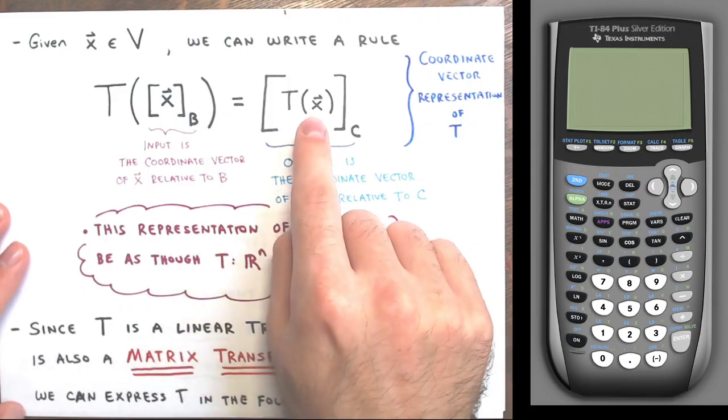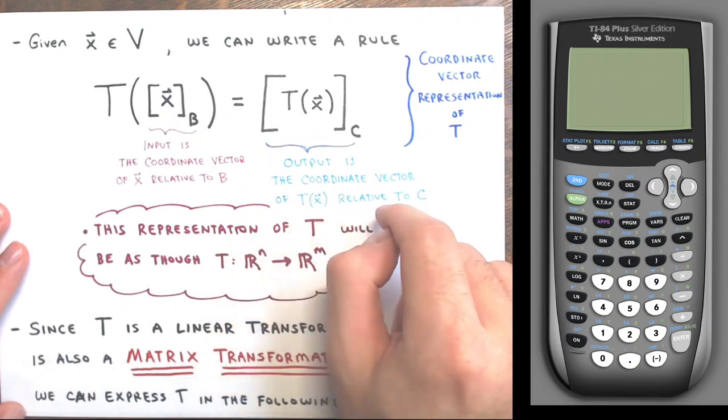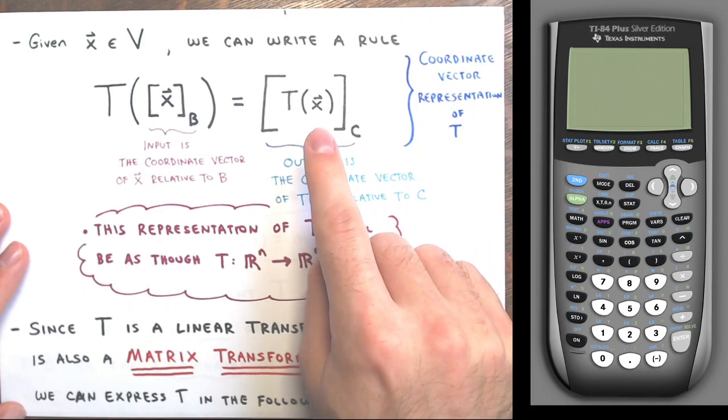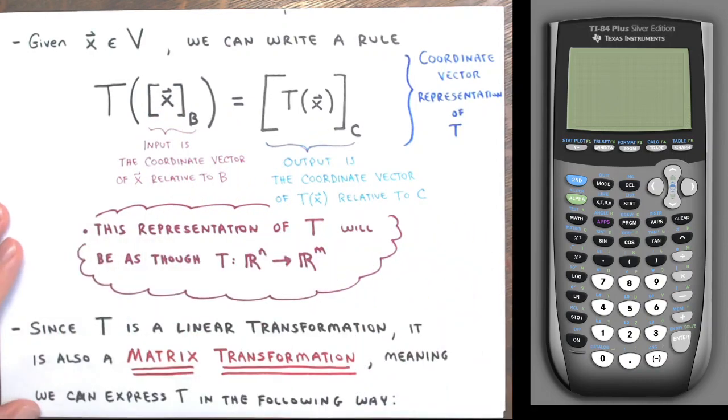We could express the output here, this coordinate vector of T of x relative to basis C of W, as a matrix times the original input vector, that input coordinate vector.